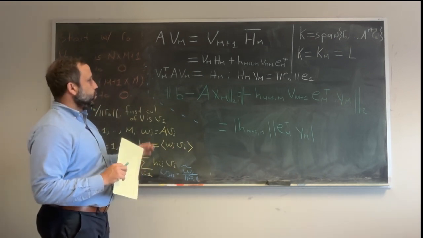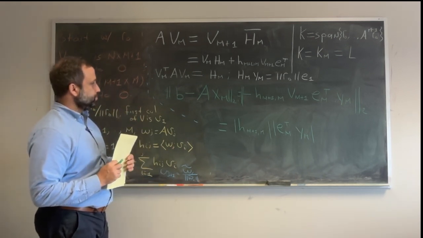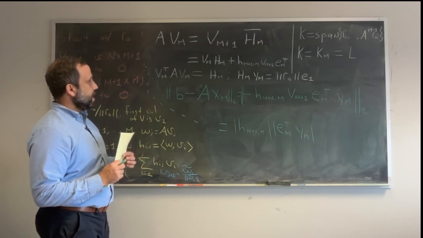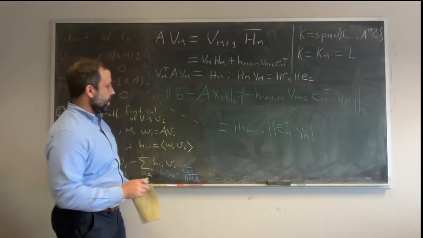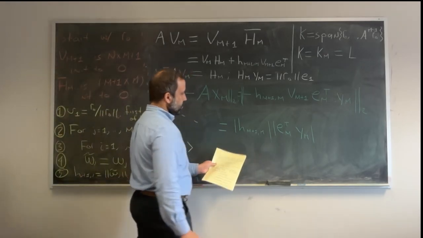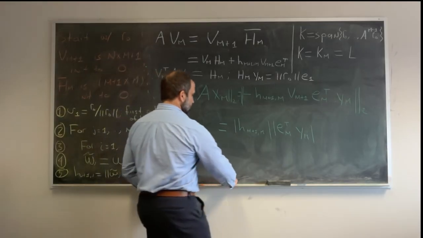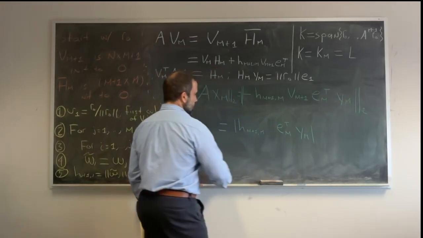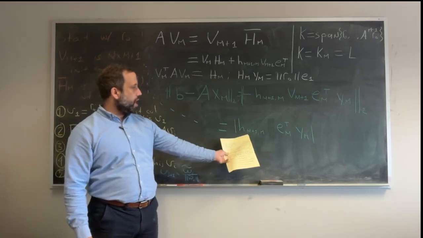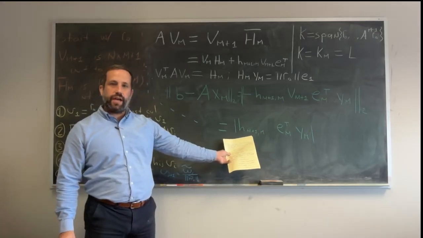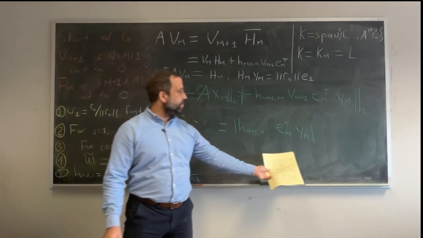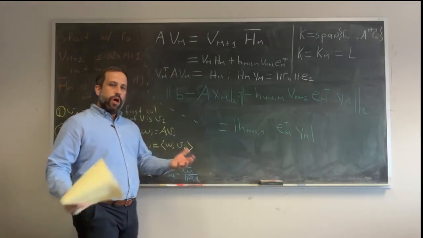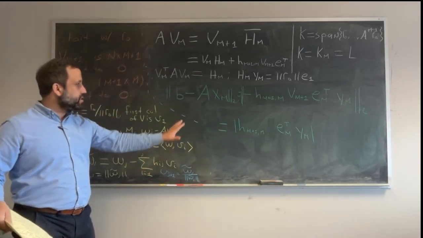Okay, so this is what we have then. The norm of the residual, and we're doing the absolute value twice here, so you can just do it all in one absolute value. It's going to be the absolute value of the bottom right entry of the H matrix, times the last entry of YM. So in other words, this is exact.